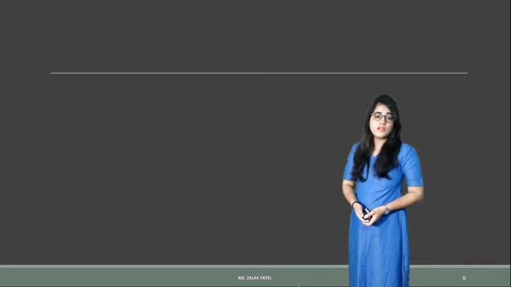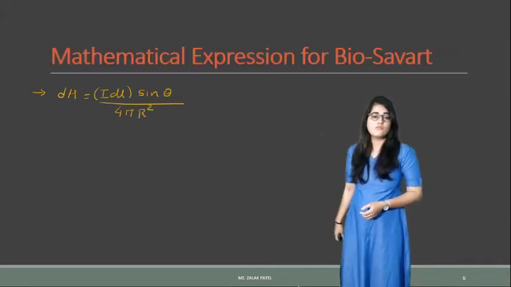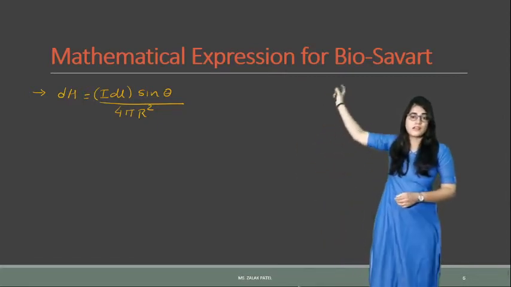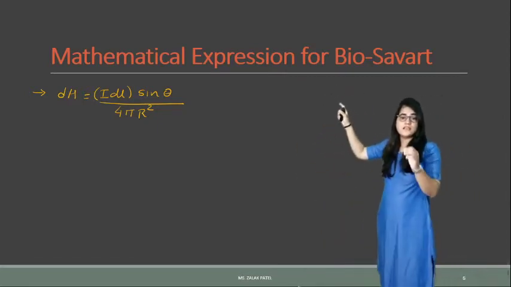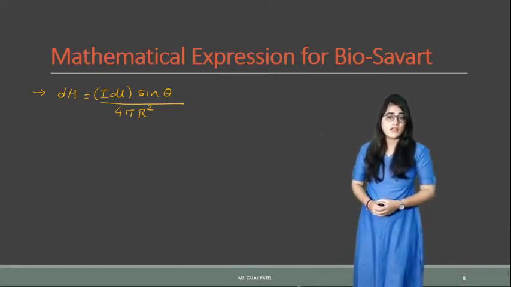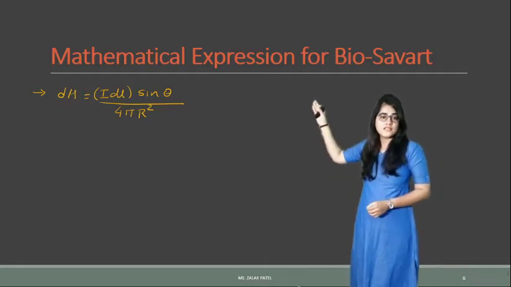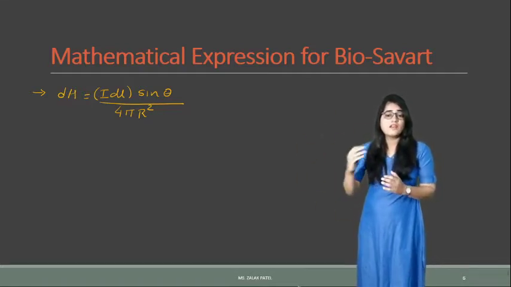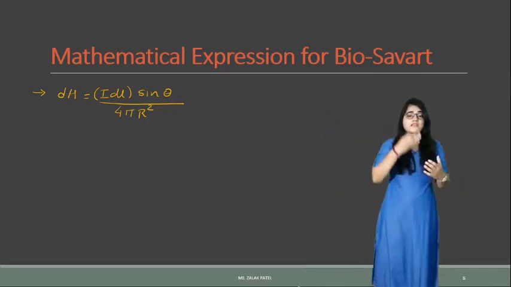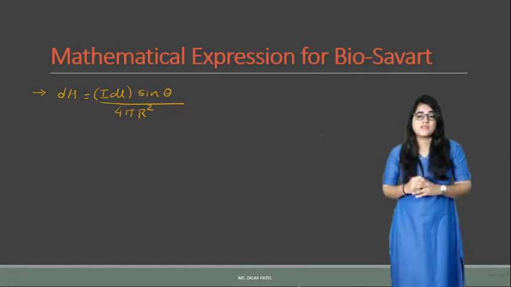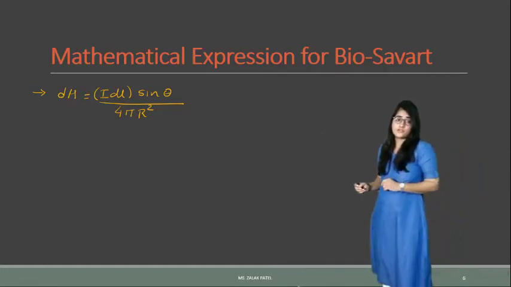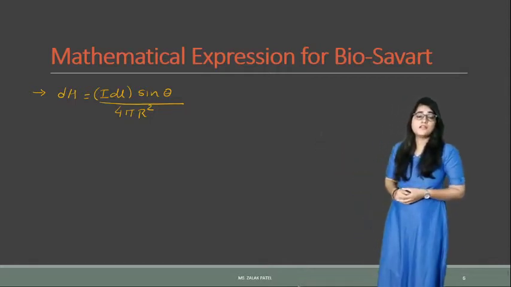According to this statement, we can write down the mathematical expression of the Biot-Savart law. The differential magnetic field intensity dH is equal to I dl, the product of current and differential length of the filament. Then the sine of the angle between the current filament and that particular point is sine theta, and it is inversely proportional to the square of the distance between the current filament and the point, so it is r square.